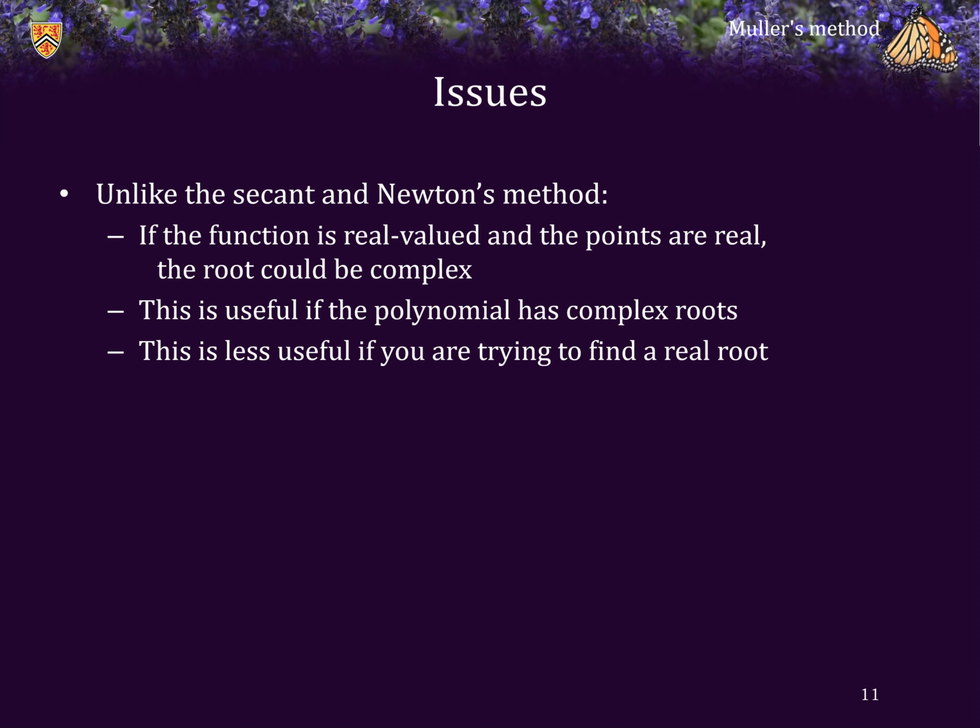However, this is less useful if we're actually trying to find a root that we know to be real. So we may not want to blindly apply Muller's method if we are trying to find a real valued root of a real valued function.